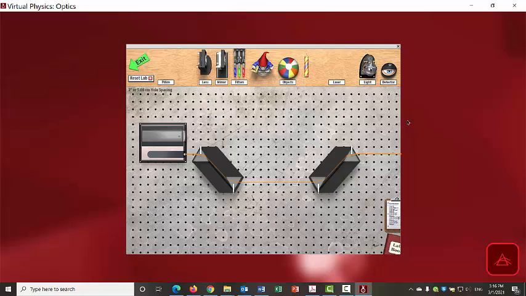The second prism appears to have the same index of refraction as the first one, because the prisms are made of the same material, and just the two media are involved. One is air, and the other is this glass prism.